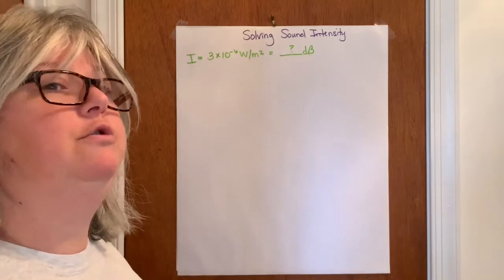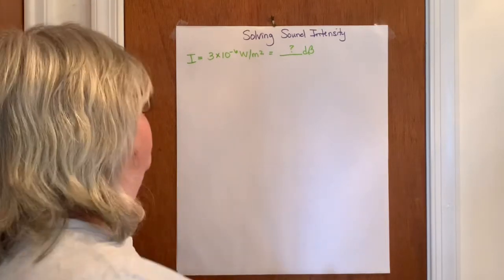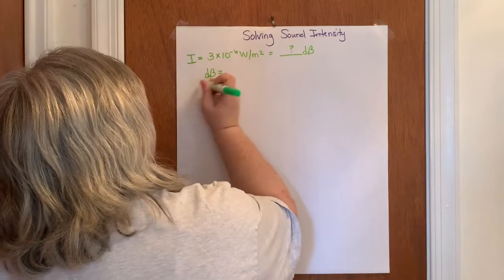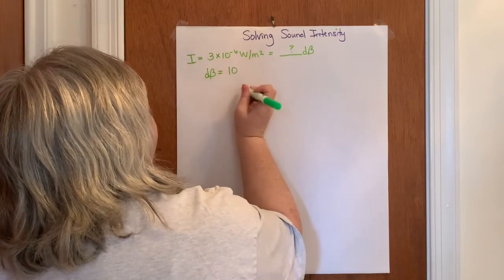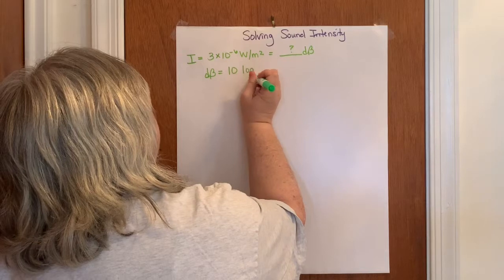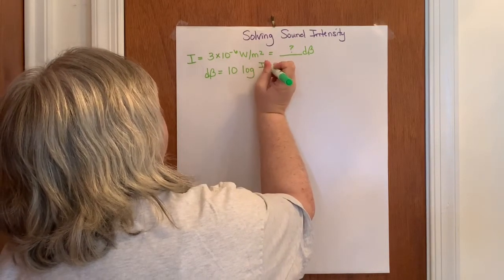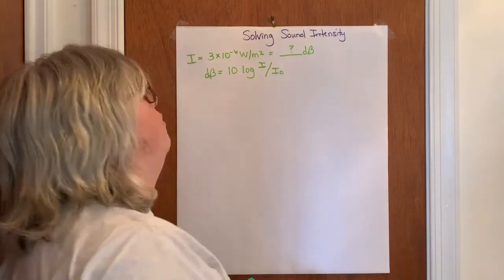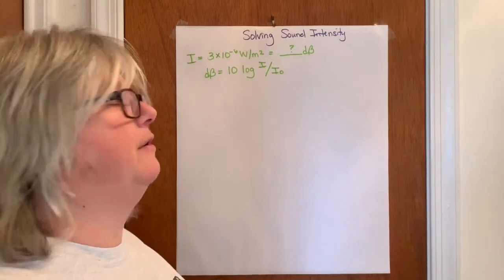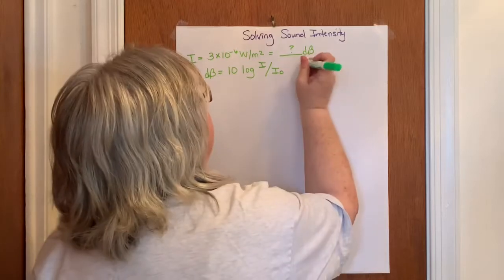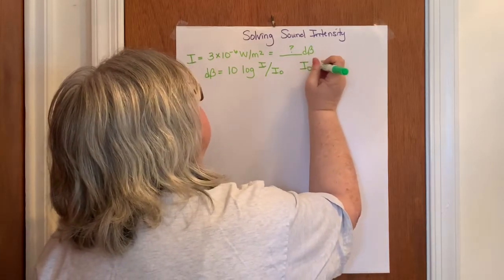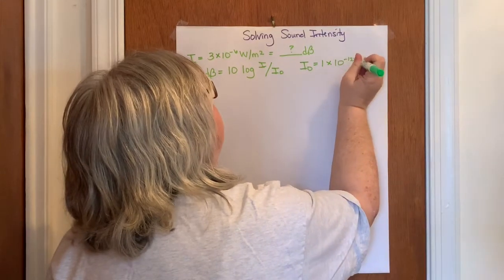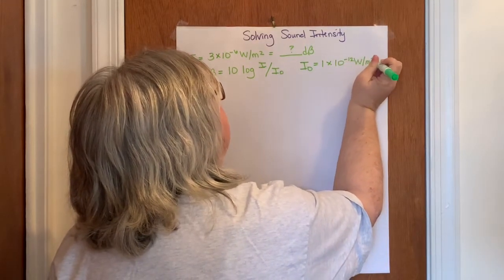Well, we're going to use our decibel formula. My decibel formula looks like this: the number of decibels equals 10 times the log of our intensity divided by what's called the threshold of hearing, I sub 0. I sub 0 is a constant, 1 times 10 to the negative 12th watts per meter squared.